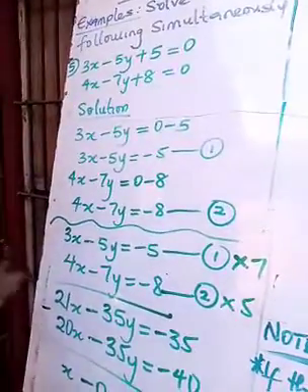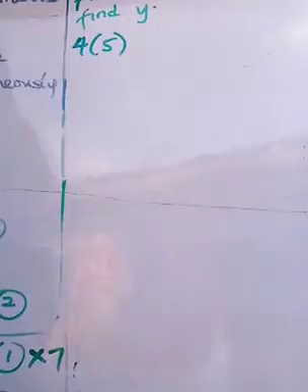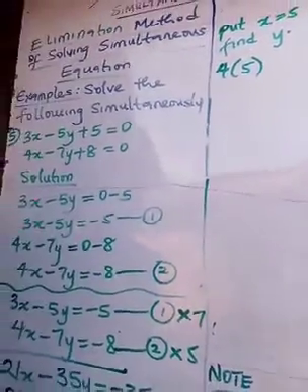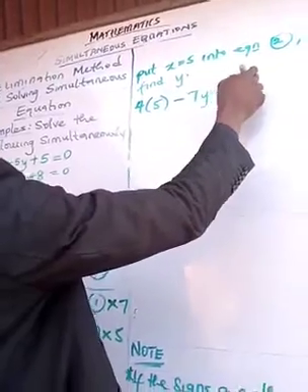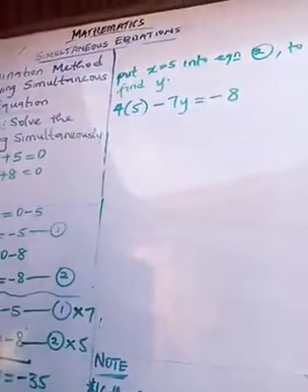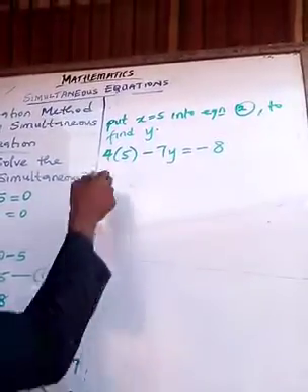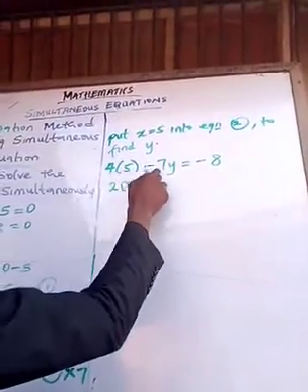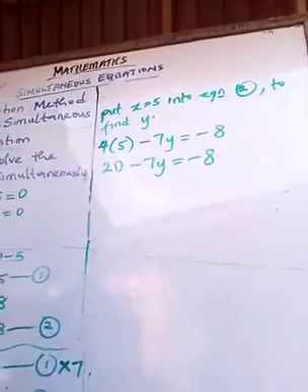So this is equation 2. We have 4 times 5, instead of writing x, 4 times 5 minus 7y is equals to minus 8. If we multiply 4 times 5, that's 20. Then minus 7y is equals to minus 8.